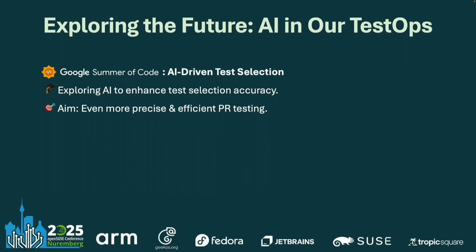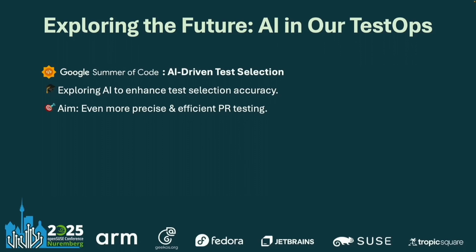First, we are excited to explore how AI can improve our smart selection. This is part of our Google Summer of Code project that I'm mentoring this year. While our current smart selection works well, we think AI could make it even more exact.